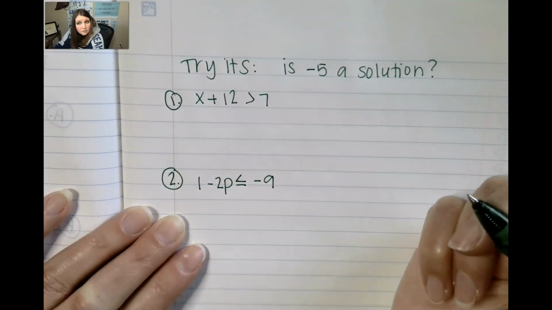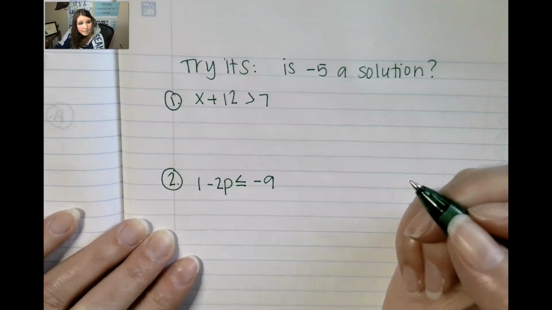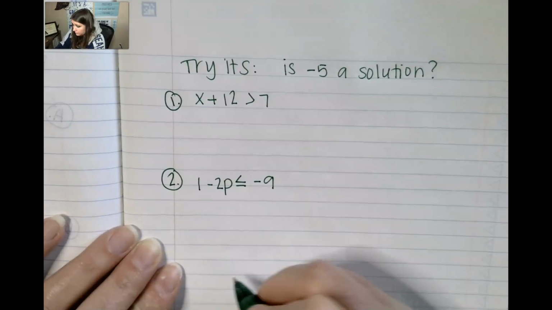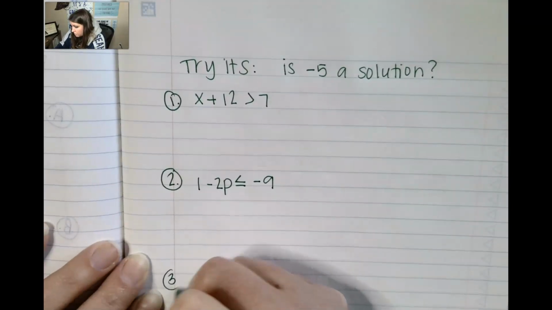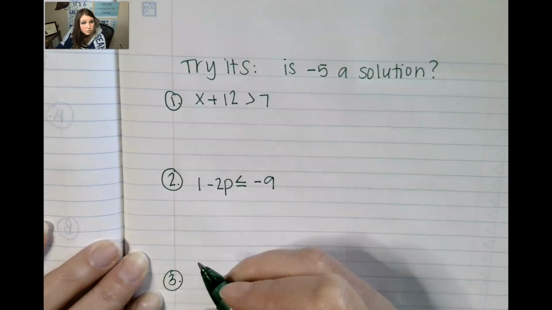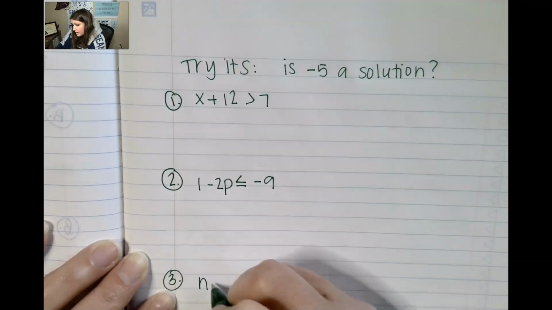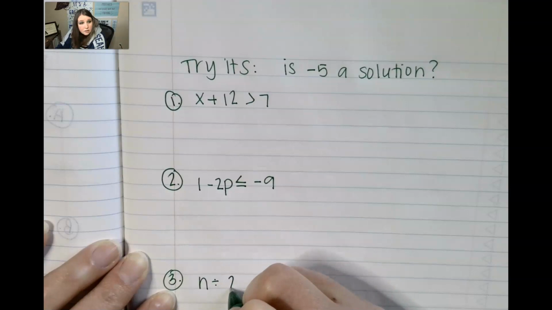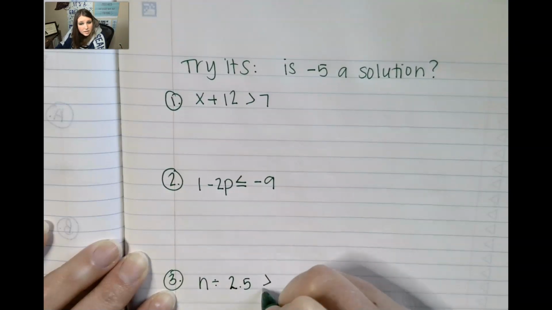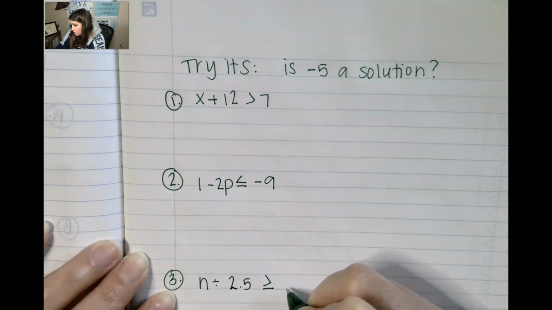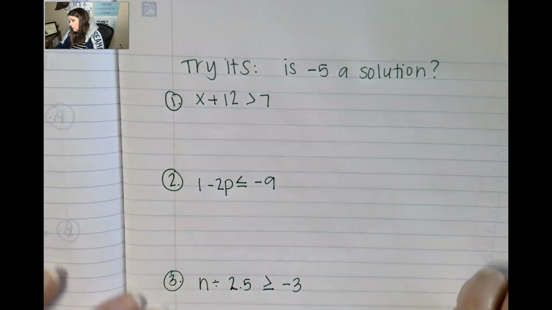So is negative 5 a solution there? And last but not least, try-it number 3 says n divided by 2.5 is greater than or equal to negative 3.